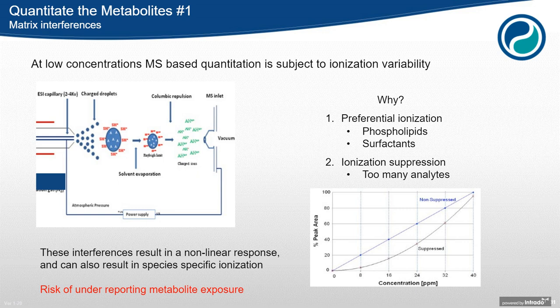Such interferences result in a nonlinear response, and so there's a risk of underreporting a metabolite's true exposure. So the little graphic bottom on the right is showing that we've suppressed the response, and therefore we're underreporting it.